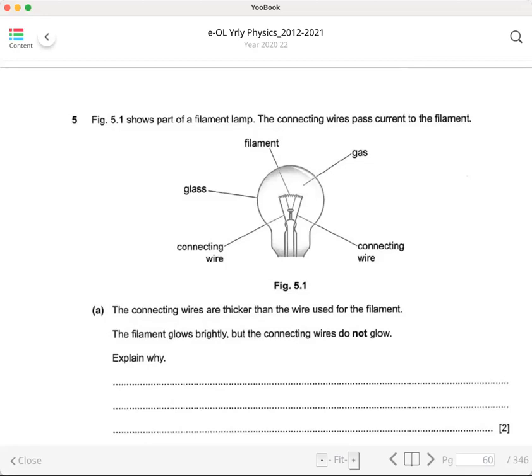Okay, Yuting, I'll give you 1 mark for your answer.